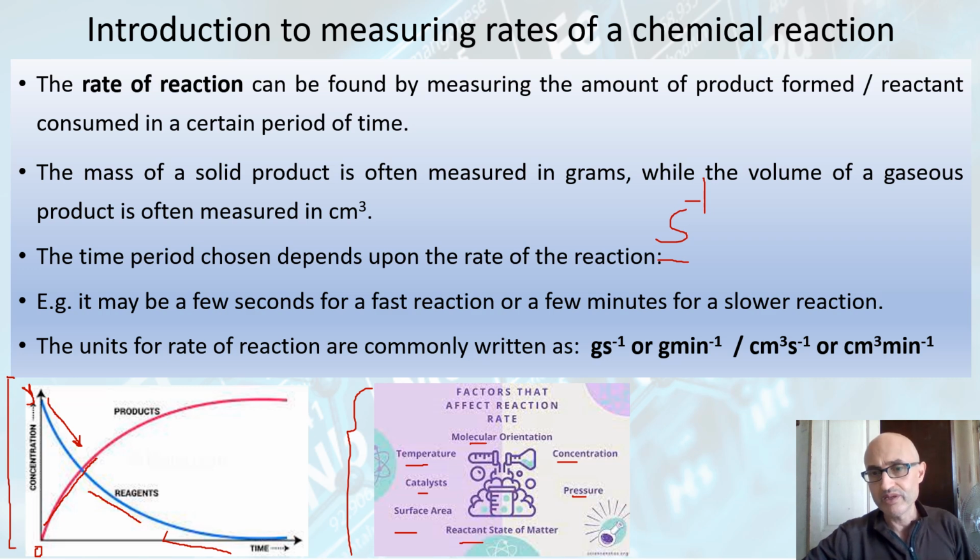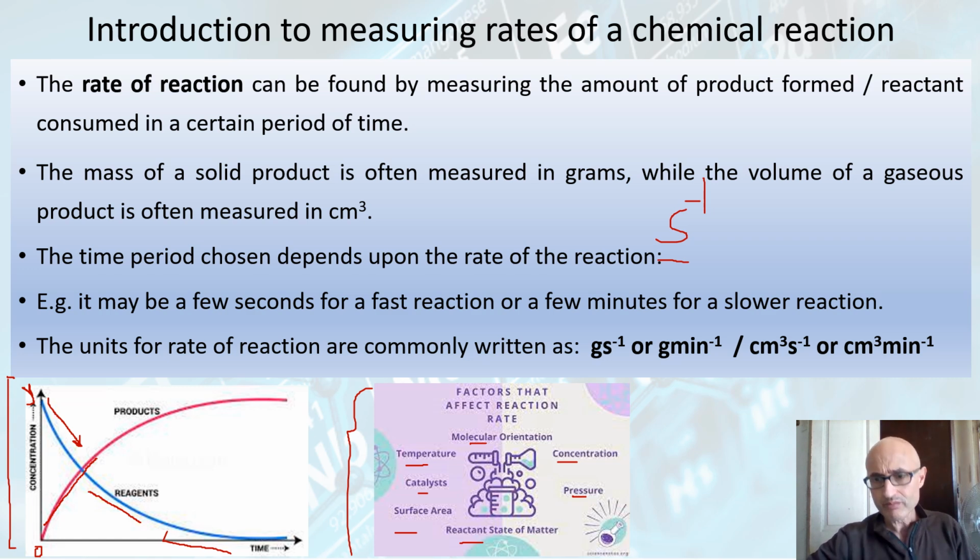For example, in the previous presentation, I would have spoken about the precipitation of silver chloride from the reaction between silver nitrate and sodium chloride. The rate of increase in mass of the silver chloride precipitate can be measured as grams per second.